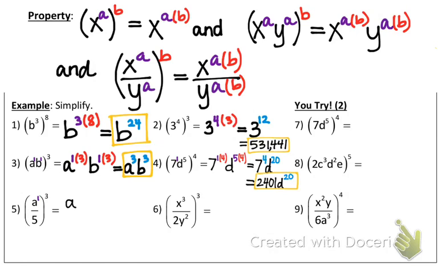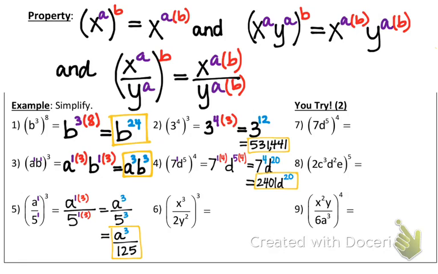Our last two examples involve our quotient of powers. We have a to the 1st on the inside, so we'll multiply our a to the 1st times 3 over 5 to the 1st times 3, which now becomes a cubed over 5 cubed. We can fully evaluate 5 cubed to be 125, so a cubed over 125.